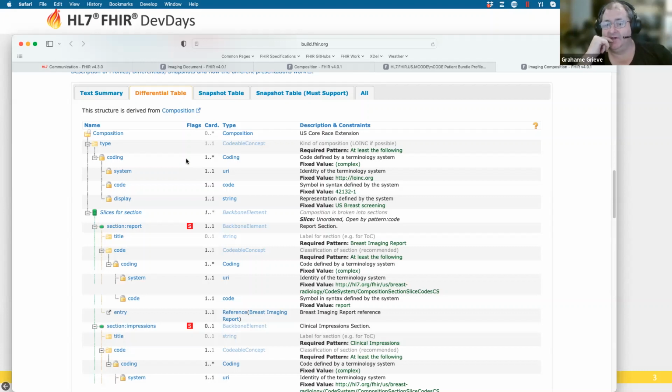It was about 25,000 pixels long, given that there's about 500 on the screen. The differential was enormous because they were just trying to do everything in a profile, and profiles are intentionally verbose because you're actually profiling the elements of the resources. So it's really hard to see a picture overall.